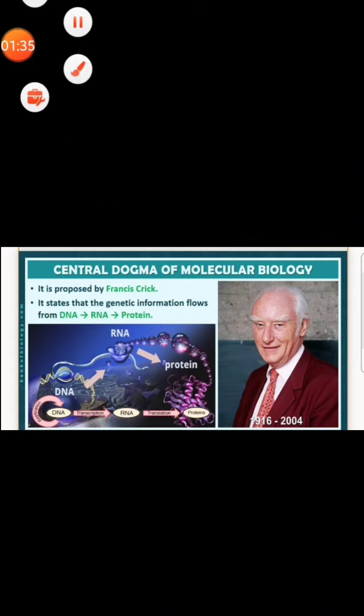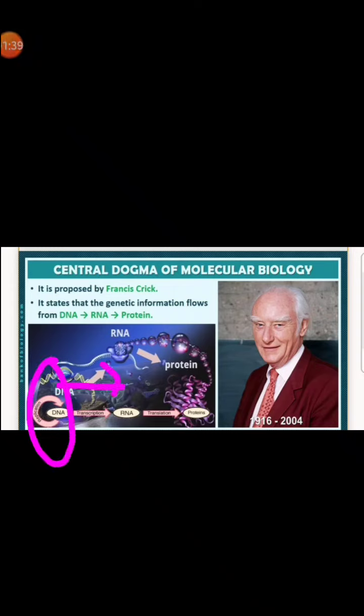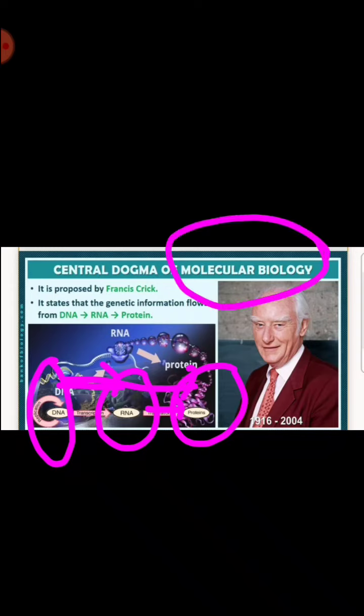The way the information from the DNA is transcribed to the RNA, we call it transcription, and how this RNA, by the process of translation, produces protein. This whole process we call the central dogma of molecular biology. The whole of molecular biology relies on this process.